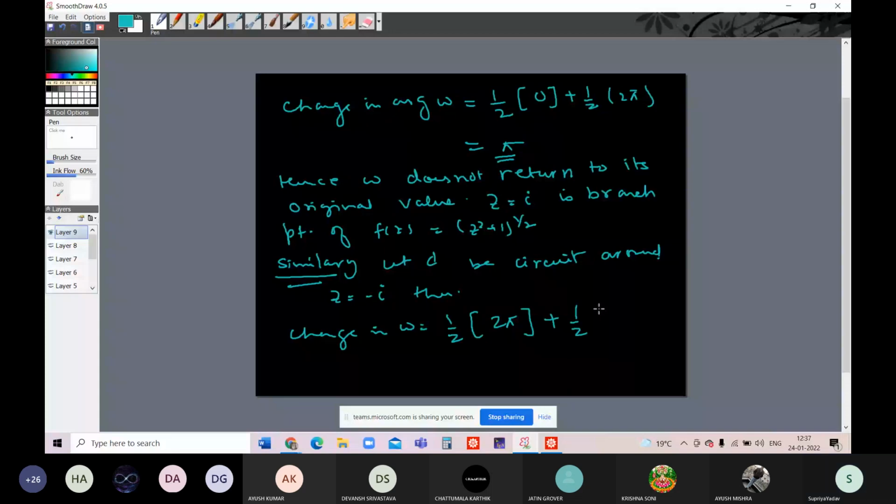So again W will not return to its original value. It means that z is equal to minus I is also a branch point of the function.